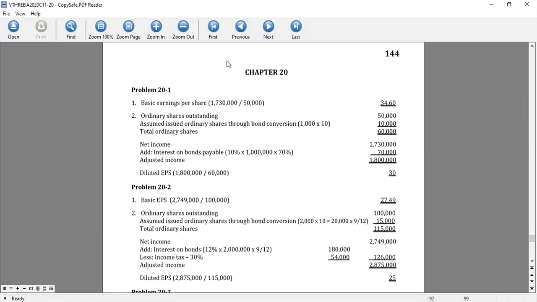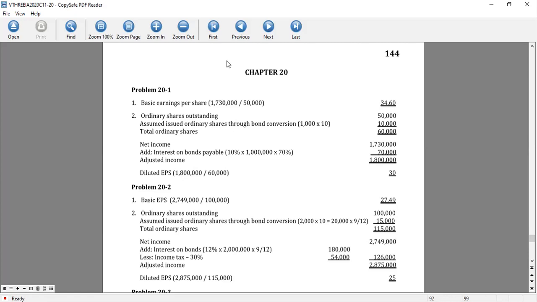Now in the case of number 2, basic earnings per share and diluted earnings per share. On April 1, 2020, River Company issued 2 million 12% bonds at face amount. Each 1,000 bond is convertible into 10 ordinary shares.